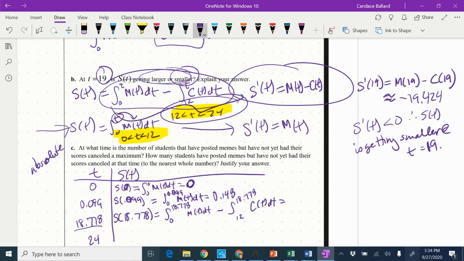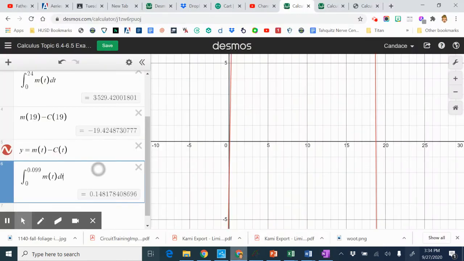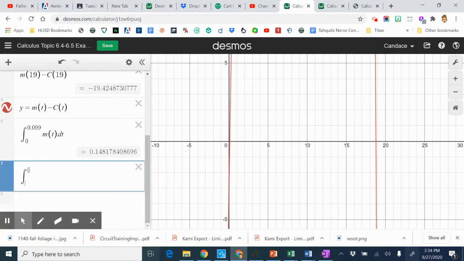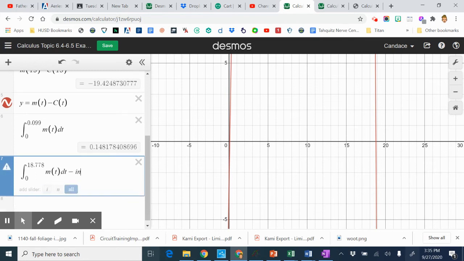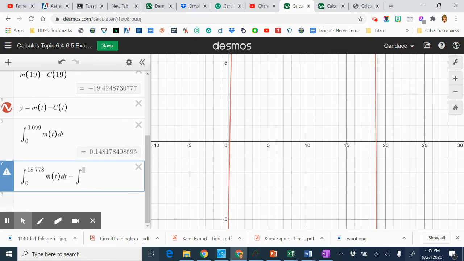Okay, so let's put that into our calculator. So I am looking for the integral from 0 to 18.778 of m of t dt, minus the integral from 12 to 18.778 of c of t dt.